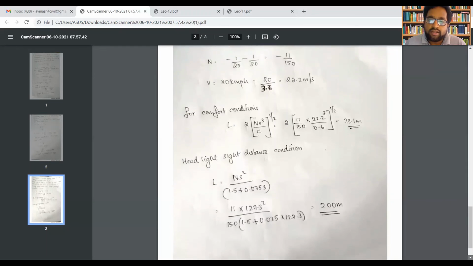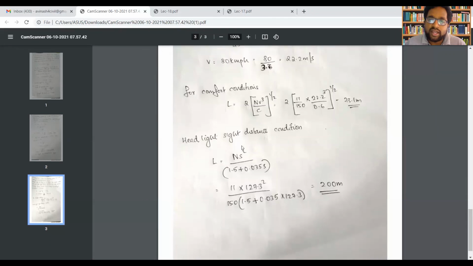So you will obtain the sight distance S as 127.3 meter. So the headlight sight distance L is equal to N S square, N is 11 by 150 into 127.3 square divided by 1.5 plus 0.035 into 127.3, that is 200 meter. So the headlight sight distance condition gives 200 meter.